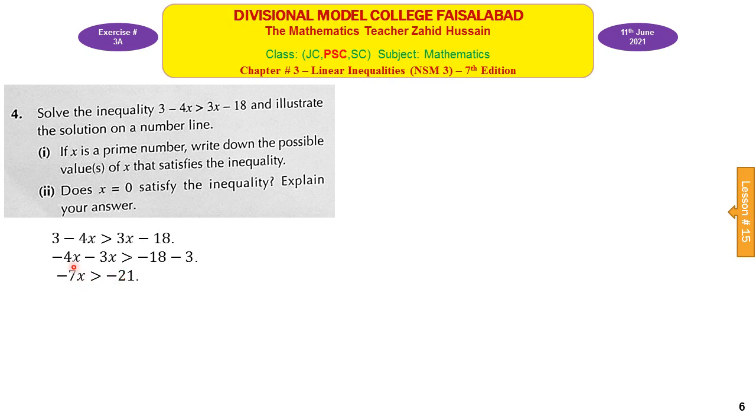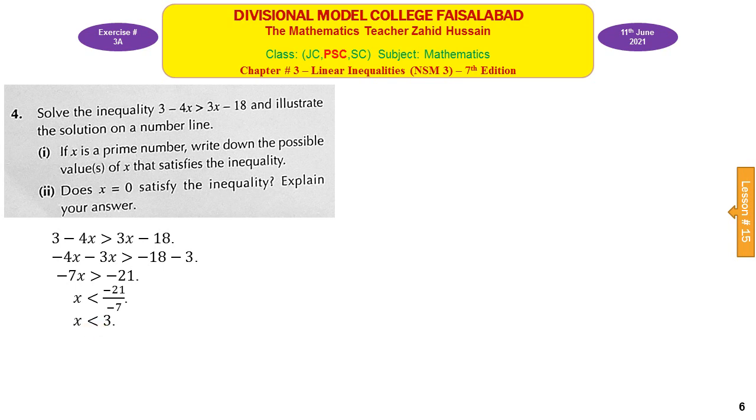Now the coefficient of x is negative and dividing both sides by a negative number will change the sign of the inequality. x is less than -20 over -7. We have actually divided both sides by -7. So -7x divided by -7 is x, and -21 divided by -7 is -21 over -7. We will divide these two numbers and we get x is less than 3.